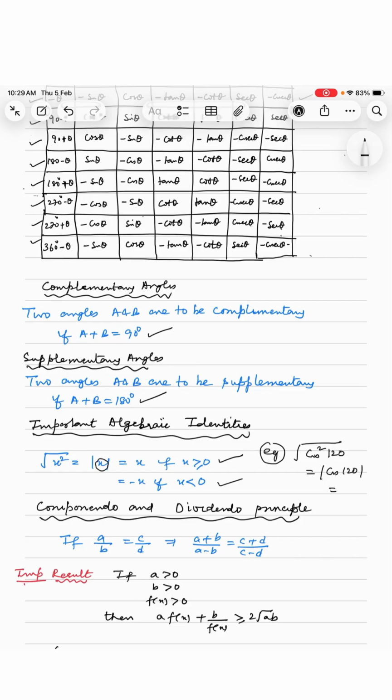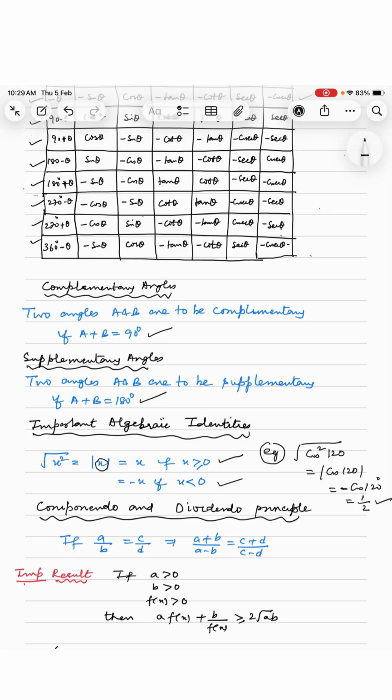So therefore, this will be equal to, number cos 120 is actually negative. Therefore, modulus of cos 120 becomes minus of cos 120. Therefore, it becomes plus half, because cos 120 is minus. So ultimately, under root of cos square 120 is always positive.